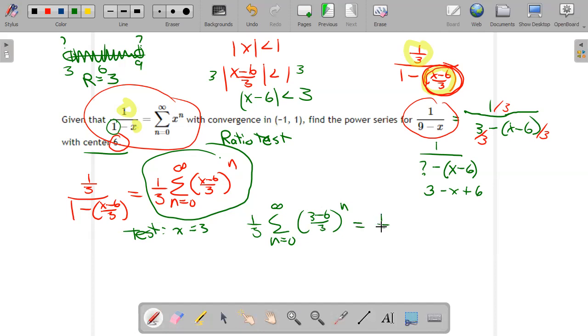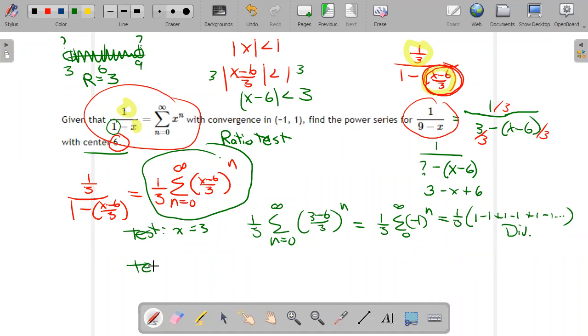So this would be 1/3 times the sum of -1 to the n, starting off with 0 to infinity. So 1 minus 1, plus 1 minus 1, plus 1 minus 1, forever. So the first partial sum is 1/3, the next partial sum is 0. The next partial sum is 1/3, the next partial sum is 0. It's going to keep bouncing back and forth between those. That's divergent.